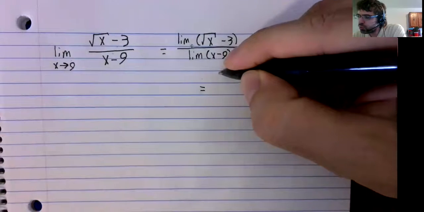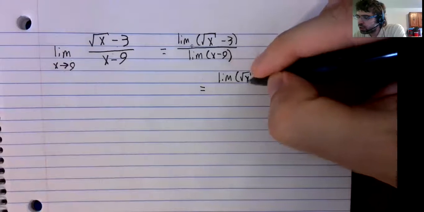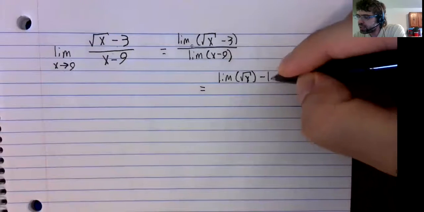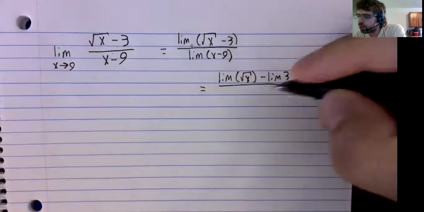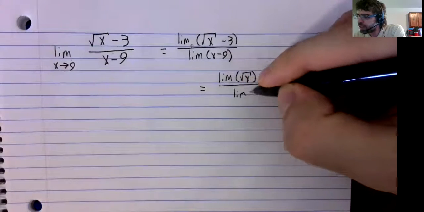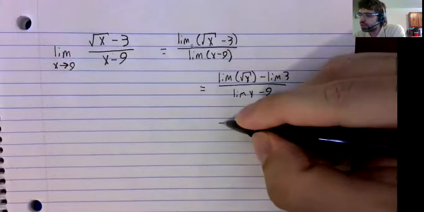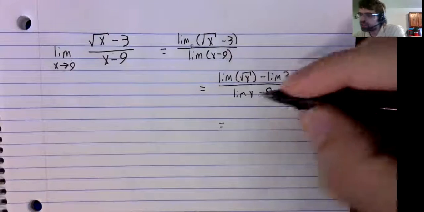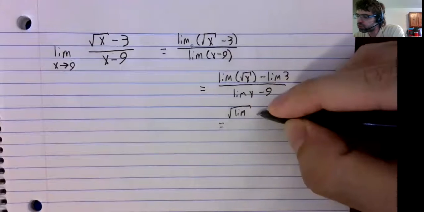Then in the numerator and the denominator, we can break this apart. We can break subtraction apart. We can take limits into square roots.